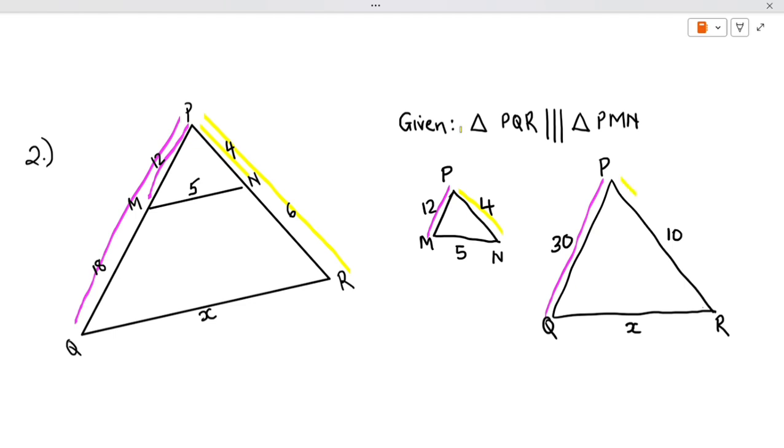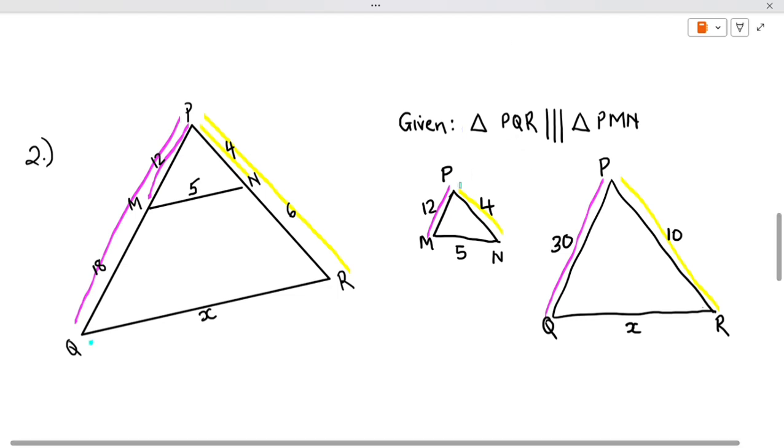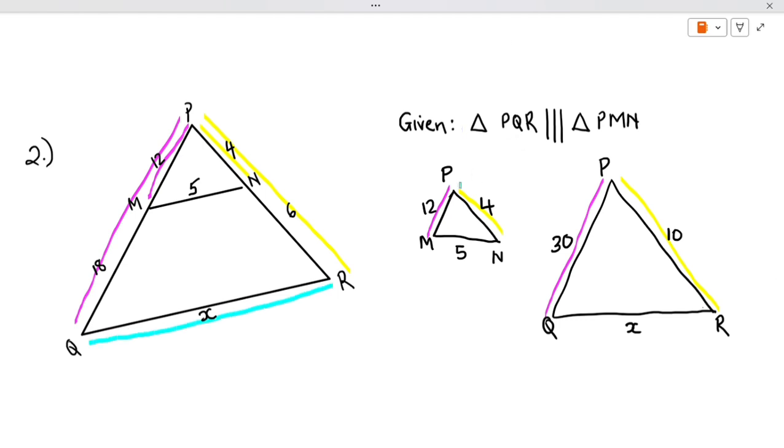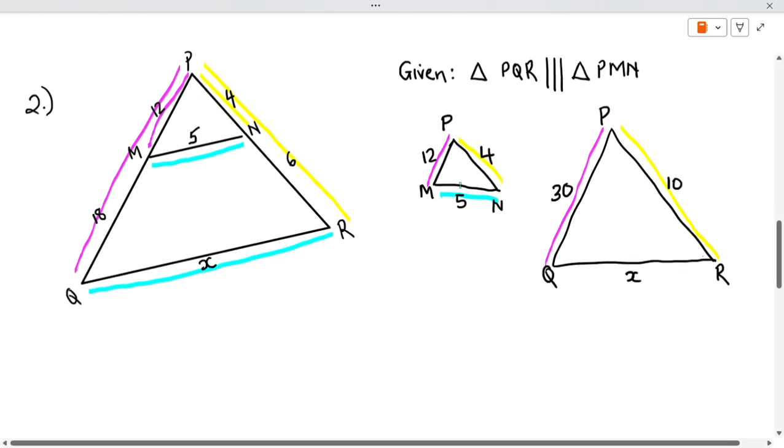So I've taken that little triangle out of the bigger triangle for you to see quite nicely. And then the last one that we are looking for is the X here, which is in line with that and also in line with that. Sometimes it's hard to see it when it's in one diagram, so you can separate them if you want to.